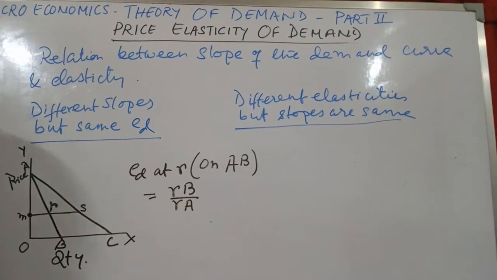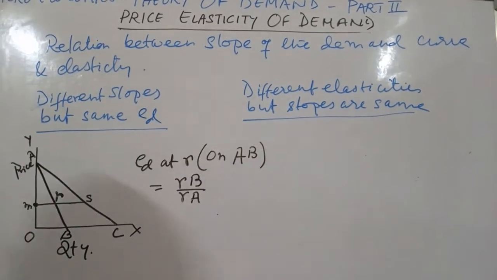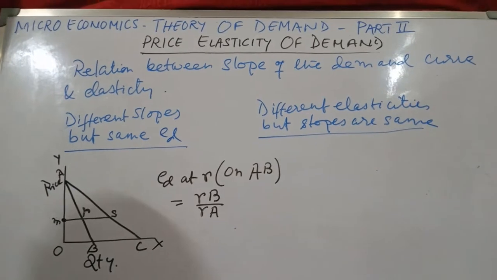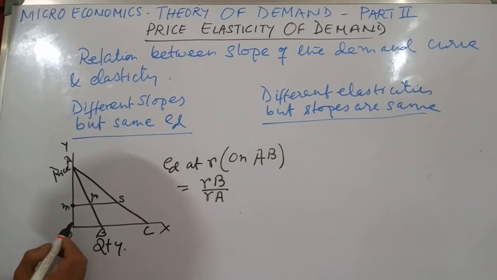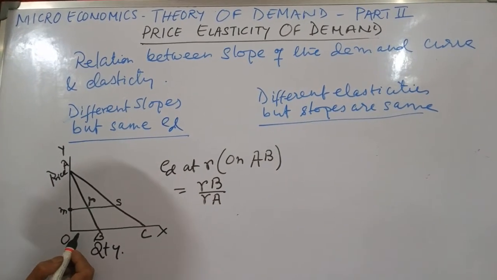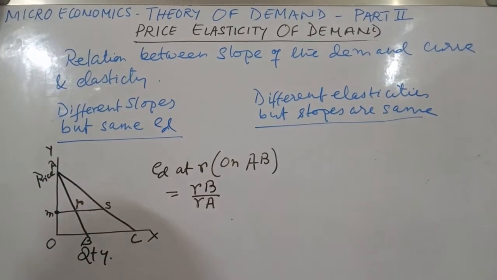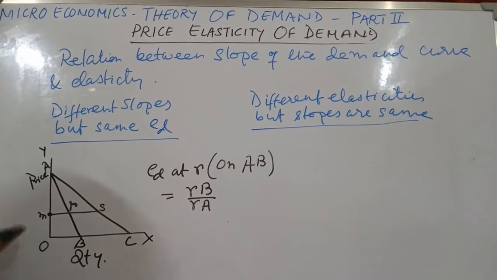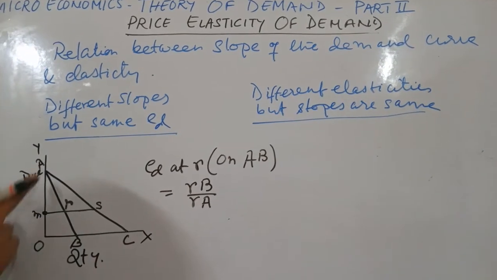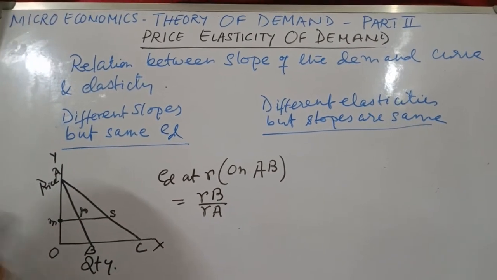What is the property? In a right angle triangle, if you draw a line parallel to the base, then the line cuts the hypotenuse and the perpendicular in the same ratio.